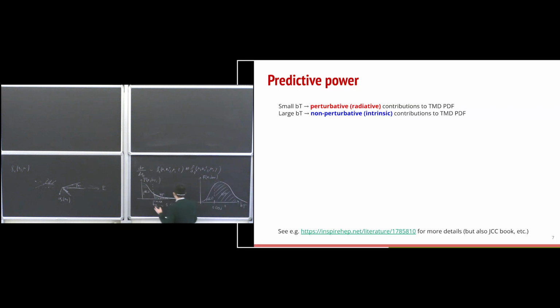So why am I drawing two different distributions? What's the difference between this and that? It's actually the kinematics. So usually something like this happens at a certain value of x and Q, and this happens at, say, let me call it x1, Q1, and this happens at x2, Q2.